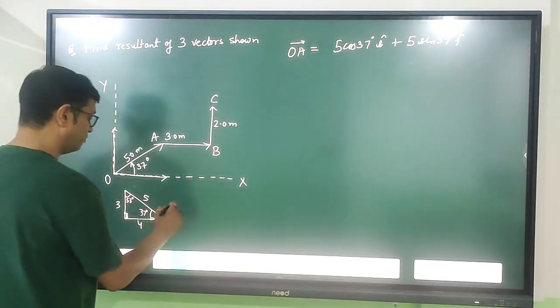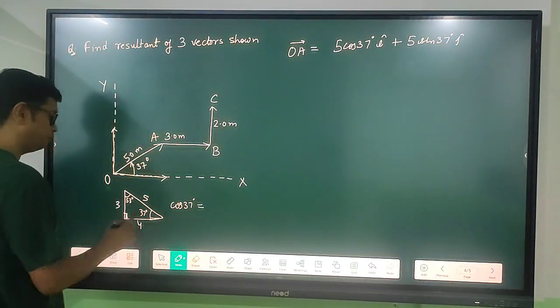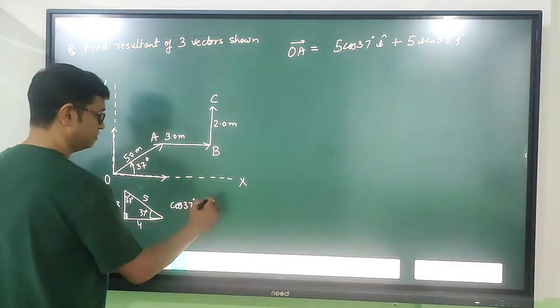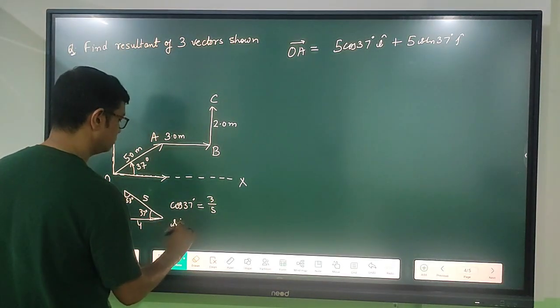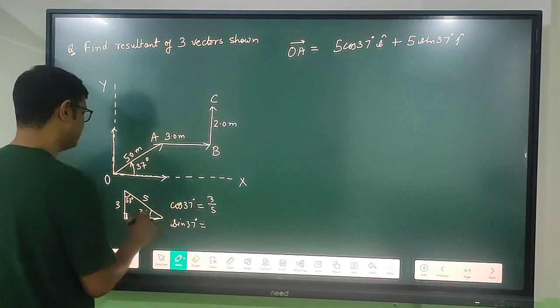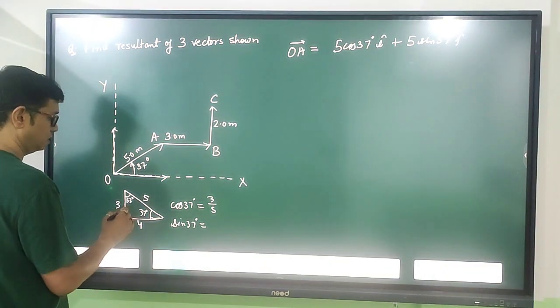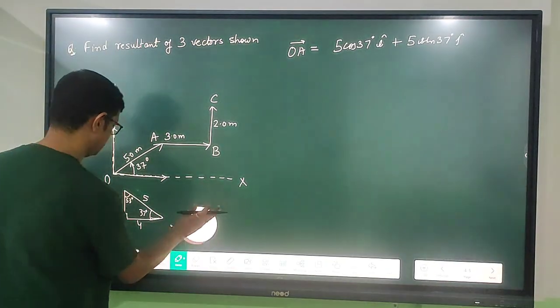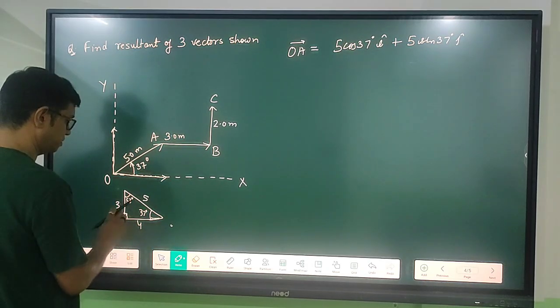So from here, if you look at the value of cos 37, cos 37 would be nothing but basically 3 by 5, and sin 37 would be... sorry, I have made a mistake, I guess. This is 53. Okay, there 37, 3 there.